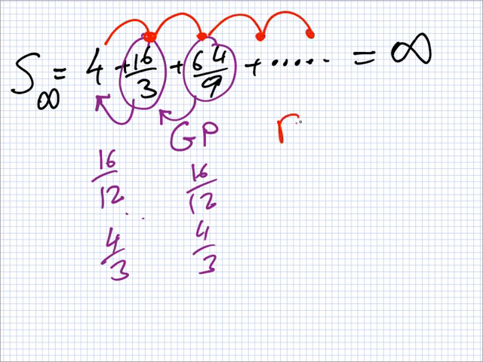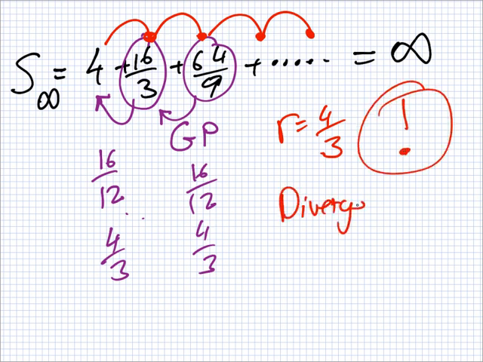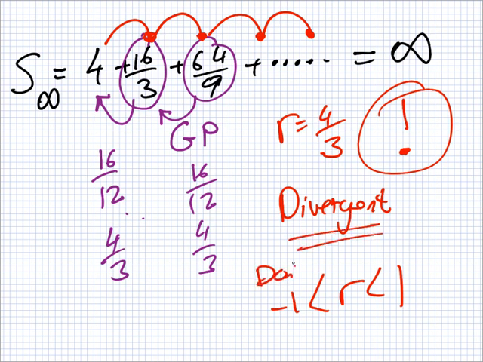So the common ratio r is 4 over 3, and that means it's divergent, because it can only be convergent if the ratio is between -1 and 1. It's bigger than 1, and that's how we can know if a geometric series is divergent, by its value of r.